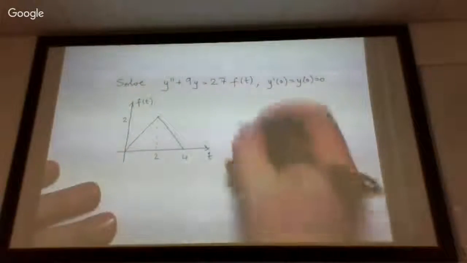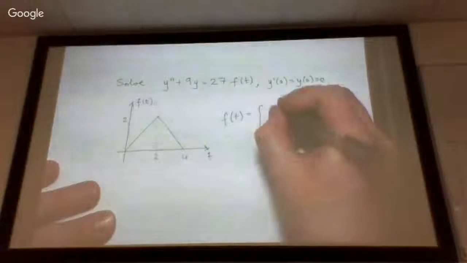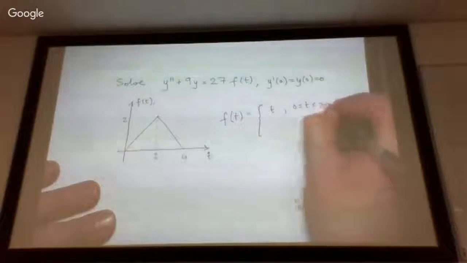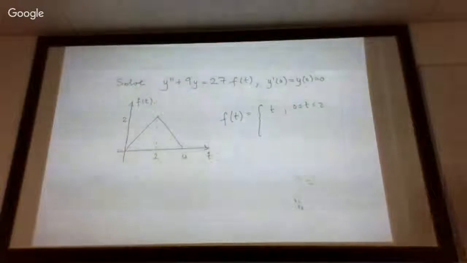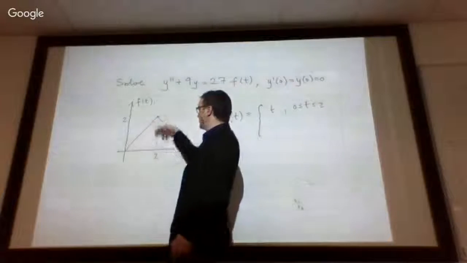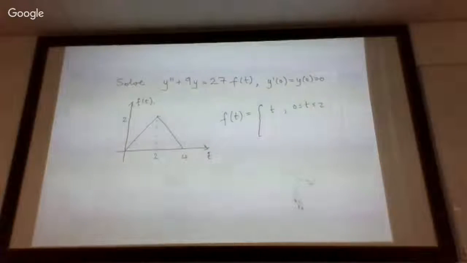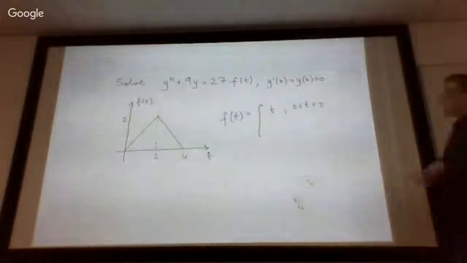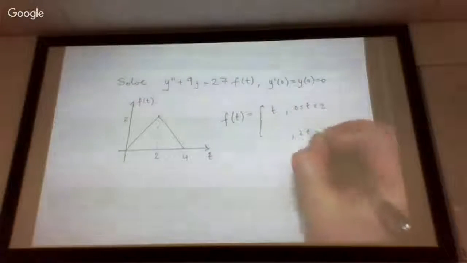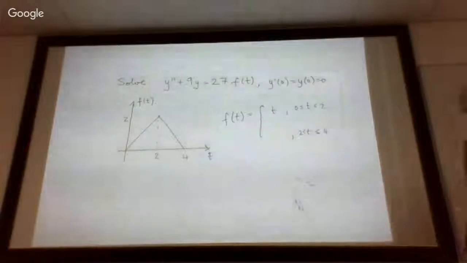Okay, so what we have here is our function f. It's these two straight lines. It's equal to t when t is between 0 and 2. Because this part here, the straight line from the origin up to the point 2, 2, is simply the straight line of 45 degrees. That's simply t. And then the second half, between 2 and 4, it's on this line here.